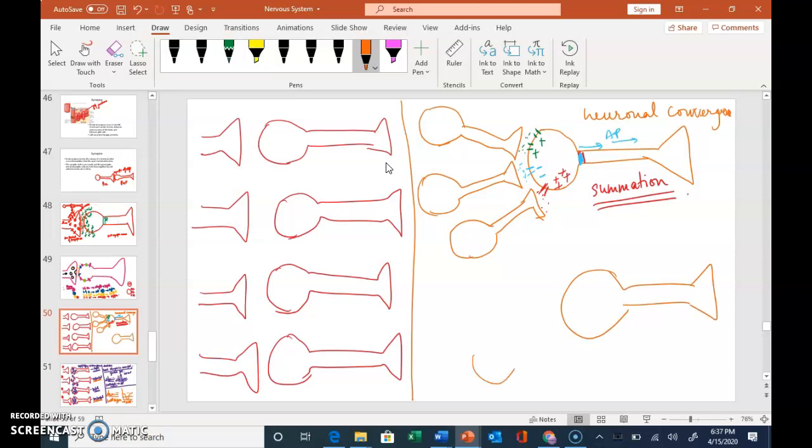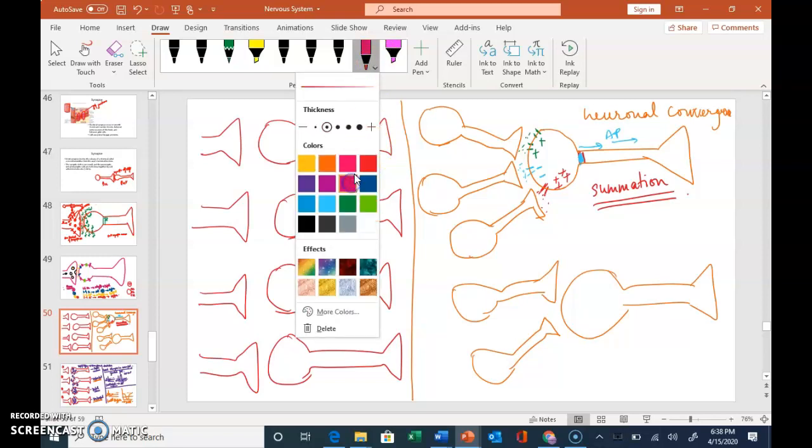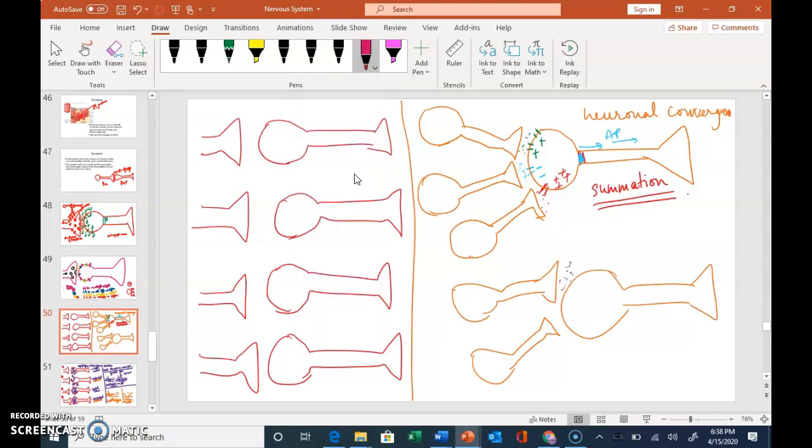Another way is that you have this downstream neuron and you have other neurons talking to it. That's fine. But let's say only one neuron is firing, and this neuron is causing sodium channels to open up. So you have entry of positive charge, right?